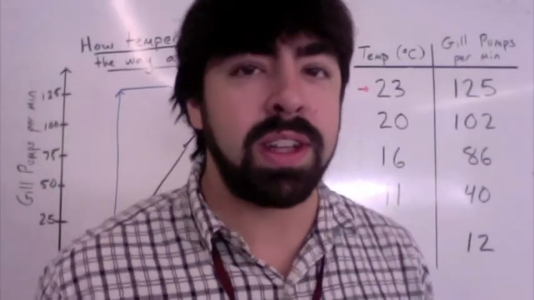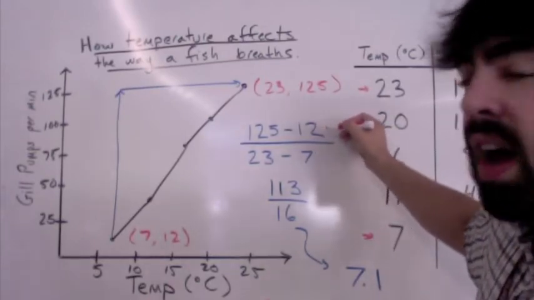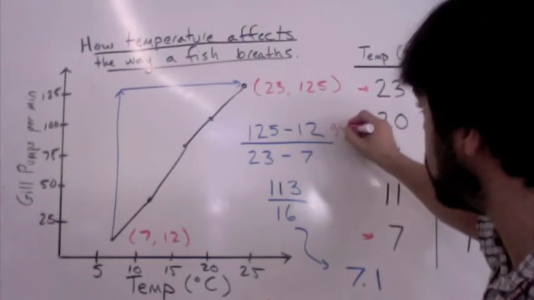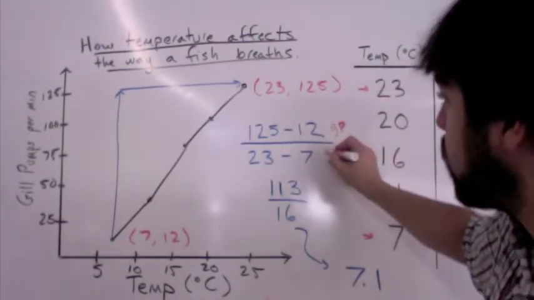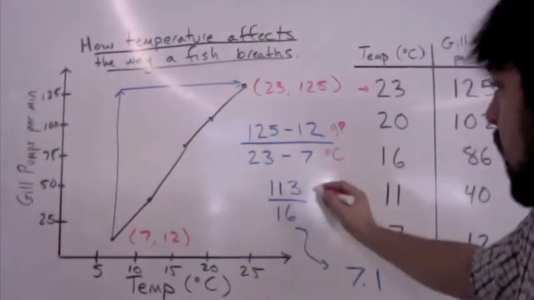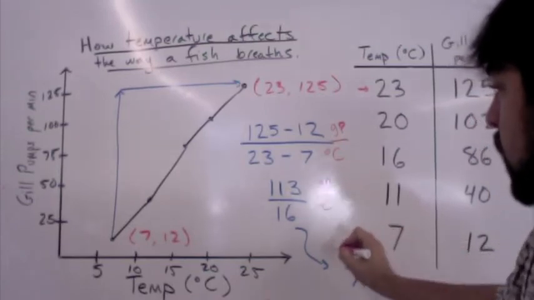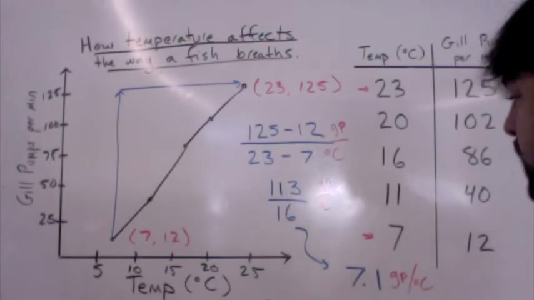And something interesting to note: what are the units of this top part, the rise? They're the gill pumps, right? Let's just say GP. What are the units down here? They're degrees Celsius. So this becomes gill pumps per degree Celsius.